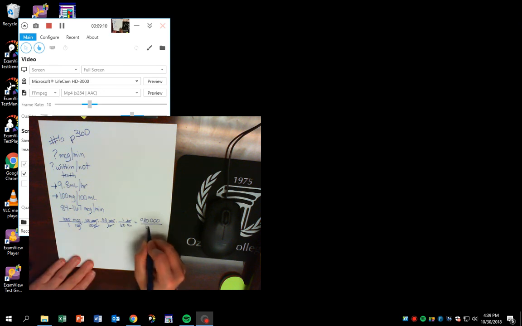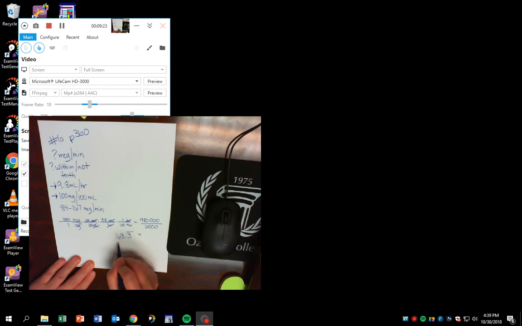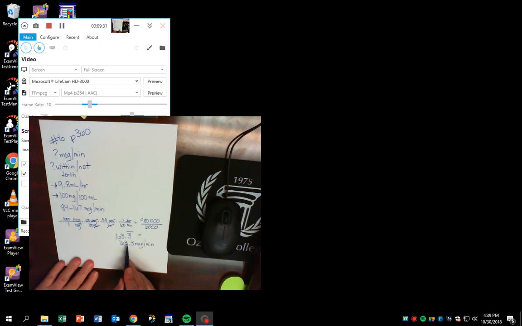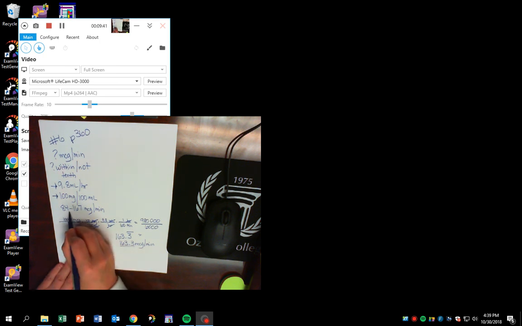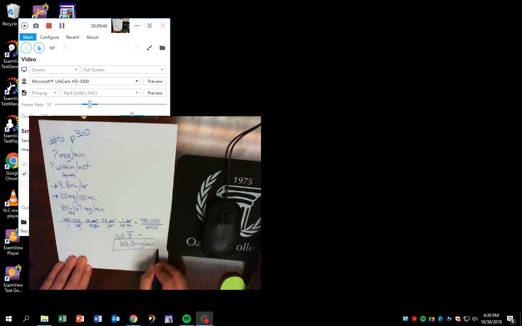That gives us 6,000. So 980,000 divided by 6,000 gives us 163.3 repeating, and that gives us 163.3 micrograms per minute. And now I want to see if this is within our safe range. So now I'm looking up here at my range of 84 to 167, and does this fall within that range? Yes, so it is within.